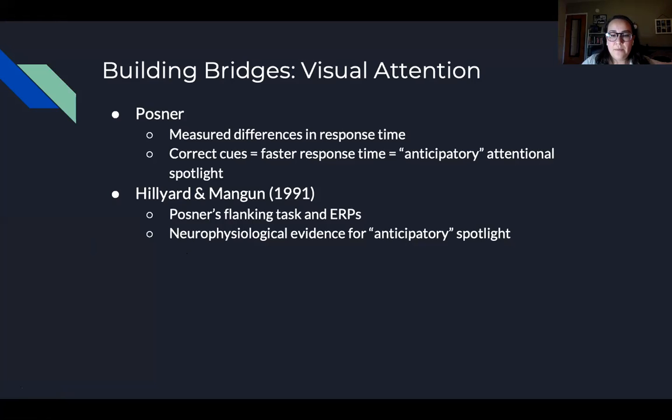He found that participants responded more quickly when the cues were correct. So when they said, oh, it's going to be on the left side, and it was on the left side, they responded faster than when the cue said, it's going to be on the left side, just kidding, it's on the right side.